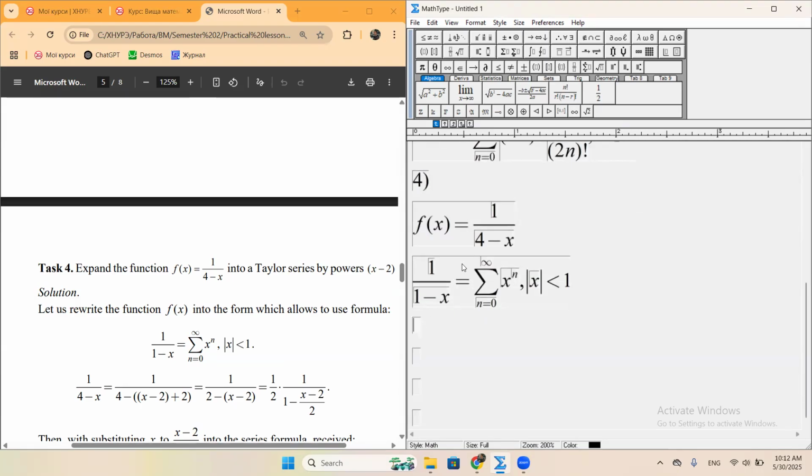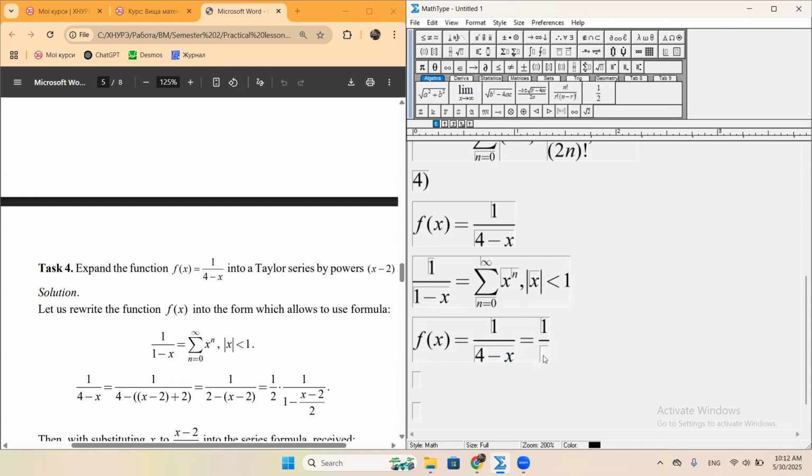We will transform the function f of x to a form similar to it. What is important for us? It's important to receive 1 here, to transform 4 into 1 with different arithmetical operations. And x must be transformed to x minus 2.